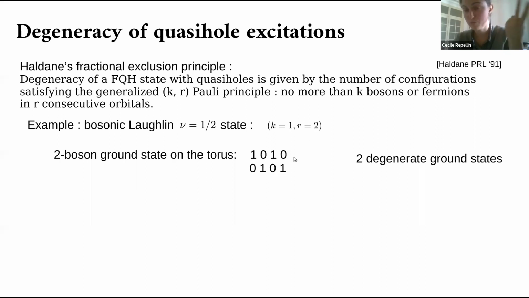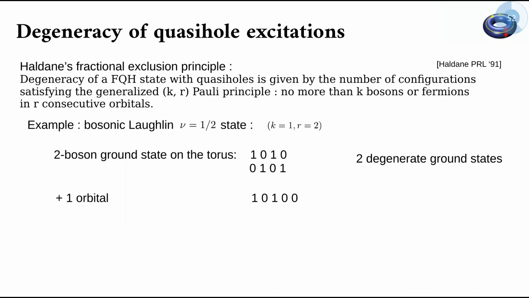So if you have 2 bosons, you have 4 orbitals. And for 2 bosons in 4 orbitals, I can write down 2 states, 1, 0, 1, 0, or 0, 1, 0, 1. That corresponds to the twofold degeneracy that we just talked about for the ground state.